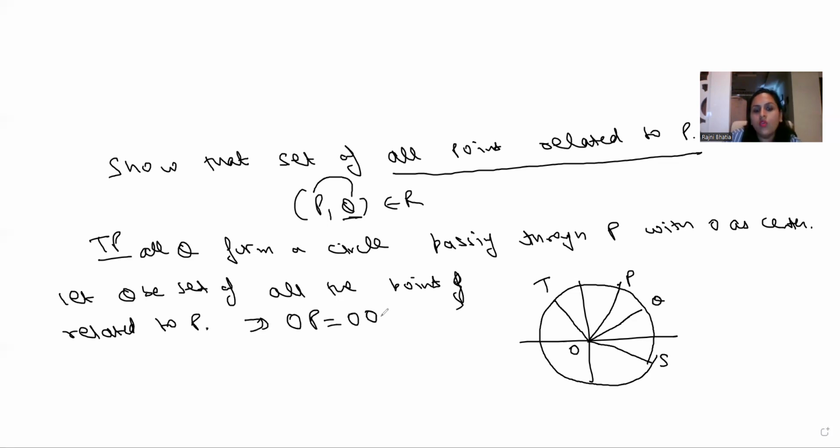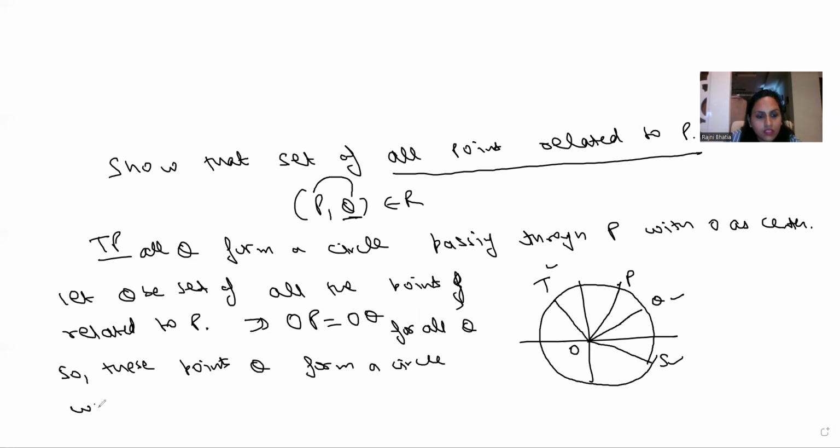This implies OP is equal to OQ for all Q. It means this Q is S, T. So all the points Q, that is S, T, R, V, U, are all equal to OP. So these points Q form a circle with radius equal to OP.